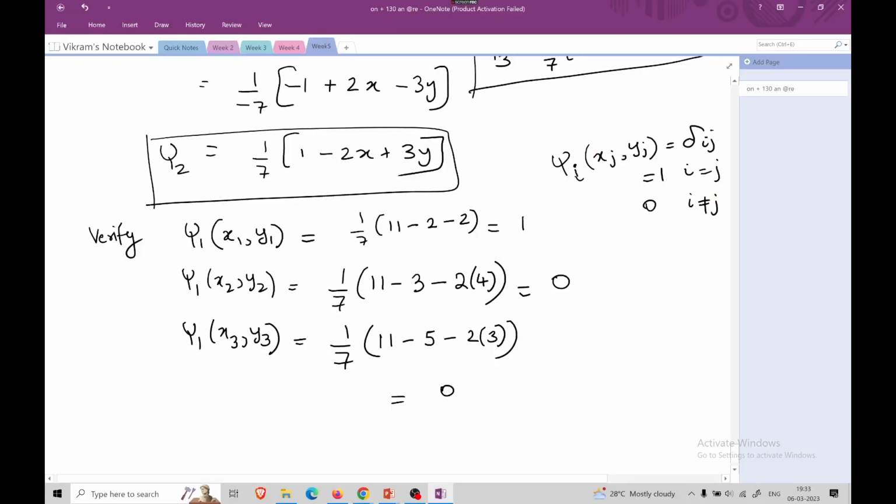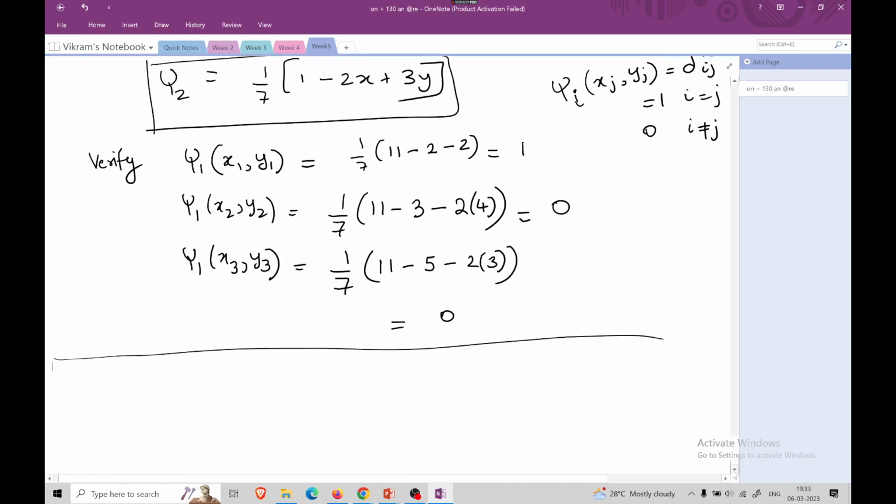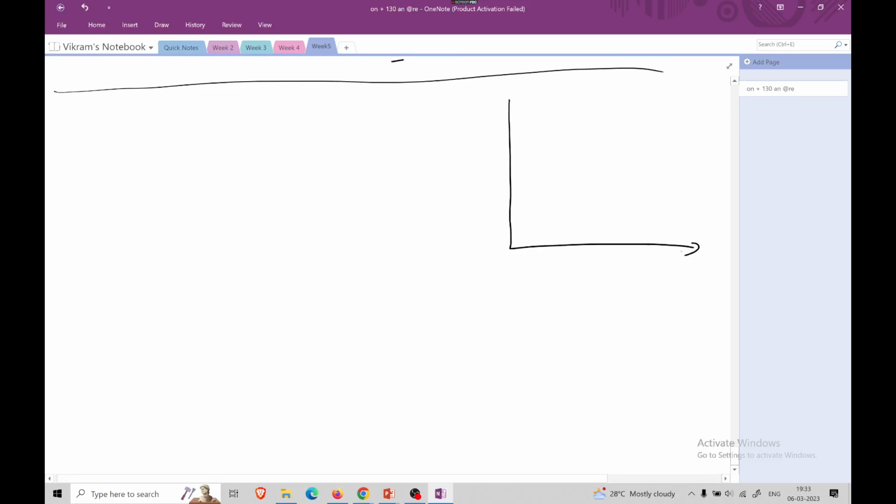For the rectangle, let me draw this. This is x, this is y. In this rectangle we see that the sides are parallel to the axis. So that is one advantage we have here.